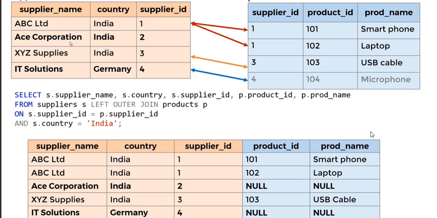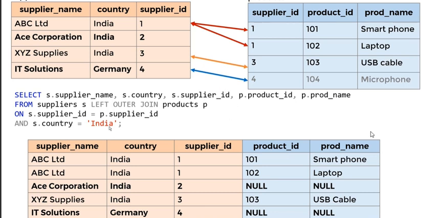So AS Corporation is included even though it doesn't have an ID in the products table, and IT Solutions is also included. IT Solutions does not have a match in the products table. It is producing a microphone, but it doesn't meet the second condition. Each row needs to meet both conditions in the ON clause to be treated as a match.